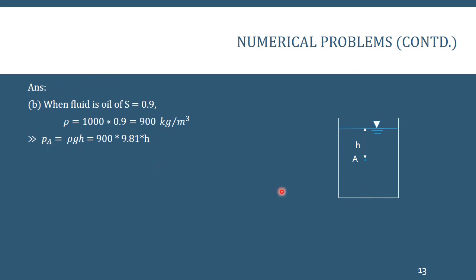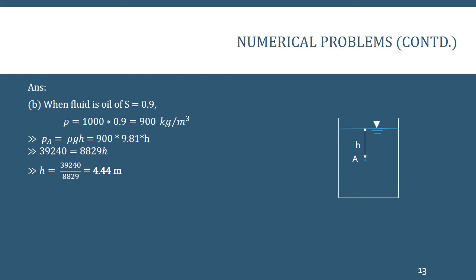So the pressure at A is given by 39,240 Newton per meter squared, and so h can be found out to be 4.44 meters. So if the fluid was oil, for the point A to have a pressure of 3.924 Newton per centimeter squared, it should have been at a depth of 4.44 meter from the free surface. That is what this means.